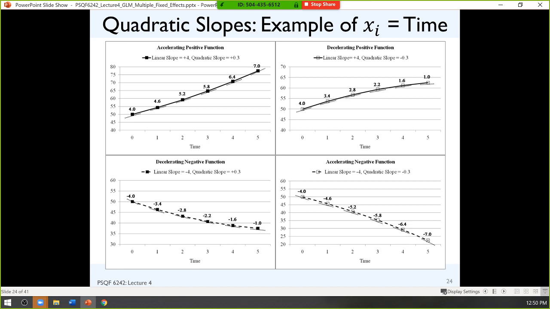It's going to either start out positive and flatten and eventually be negative, or it's going to start out negative, flatten, and eventually be positive. But the way that happens, the way the linear slope changes, is constant. It's twice the quadratic coefficient per unit of the predictor variable. Okay, does that help at all?